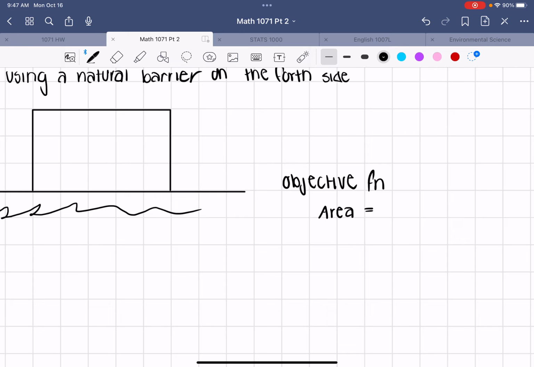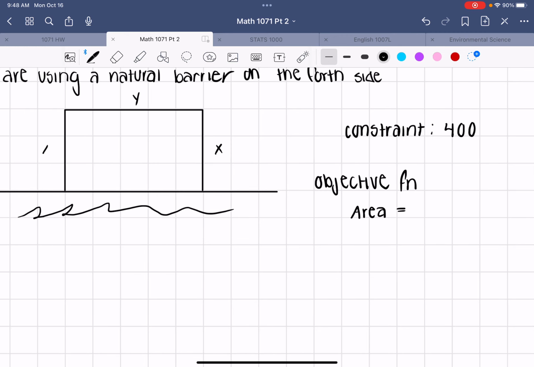And how about this? Let me call x the width of the rectangle. Let me call y the length of the rectangle. And of course, since it's a rectangle, that width is also x. And so what's the relationship between x, y, and my constraint? Well, I have 400 yards of fencing. x plus y plus x.